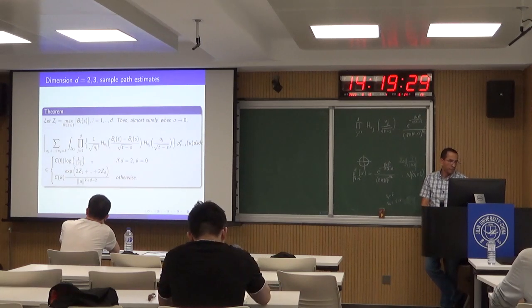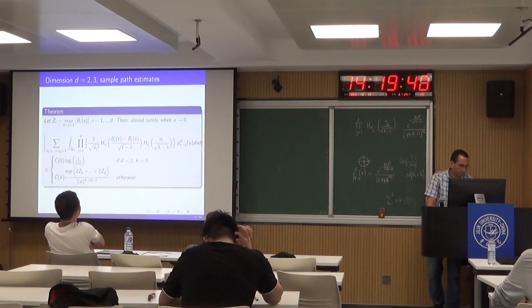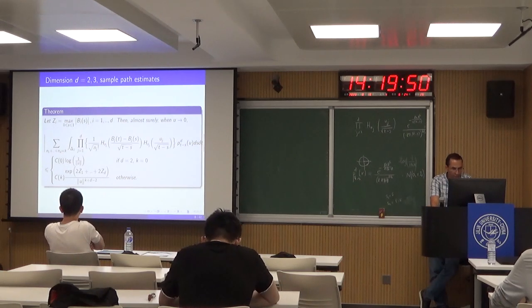Almost surely, here we denote by Z the maximum of the Brownian motion on the interval [0,1]. So if we take the absolute value of these sums of integrals that appear in the Itô–Wiener expansion of the self-intersection local time, what we obtain as an inequality is some constant multiplied by a logarithm factor.